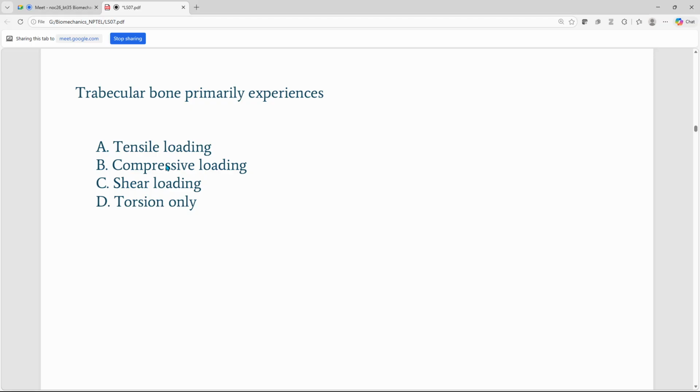Yes, the answer is option B, compressive loading.